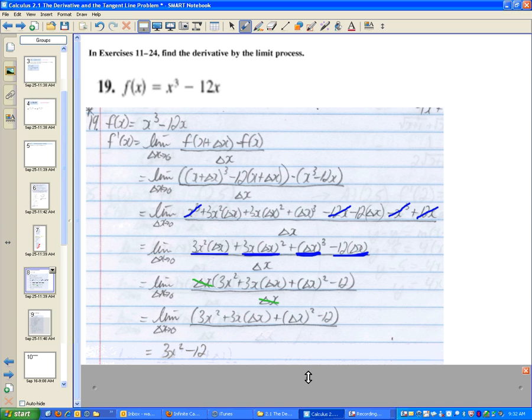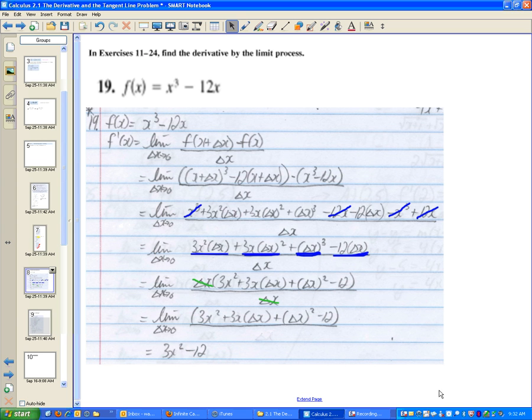So that's 3x squared plus 3x times 0 plus 0 squared minus 12.